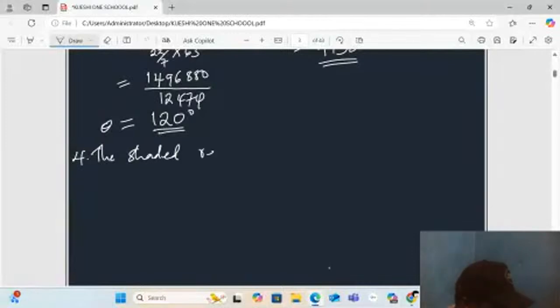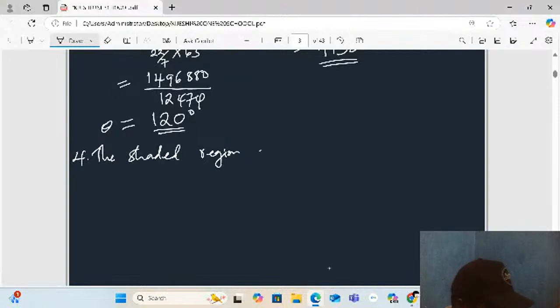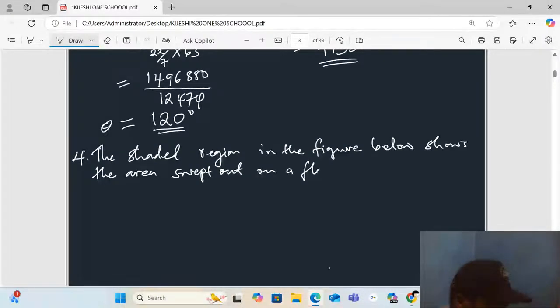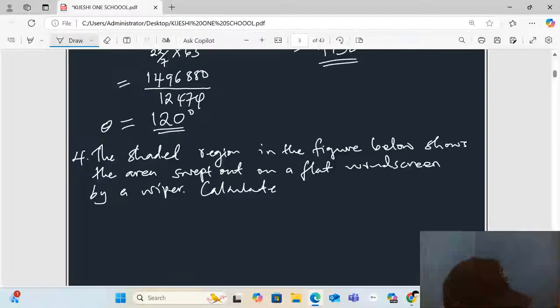The shaded region in the figure below shows the area swept out on a flat windscreen by a wiper. The area of the region.